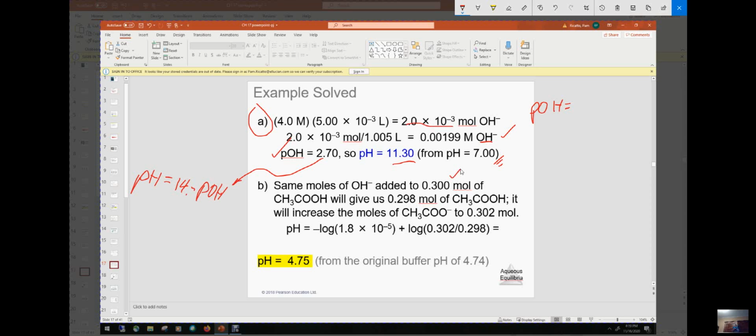So I had 0.3 of this, and I have to subtract 2 times 10 to the minus 3 to give me this. And then divide it by my volume, which is 1.005, will give me the concentration of it. And the amount of acetate is going to go up, right, by 2 times 10 to the minus 3.